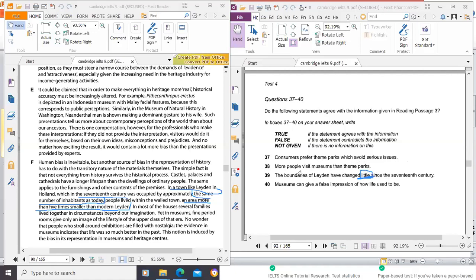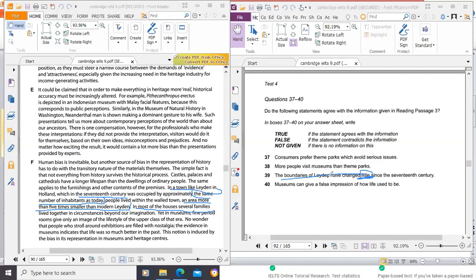And it would be not given if there was no information about the boundaries changing here. Let's say they just mentioned the number of people living in Leiden, the same number of inhabitants as today, and went on without talking about boundaries, layout or landscape. That would be not given.